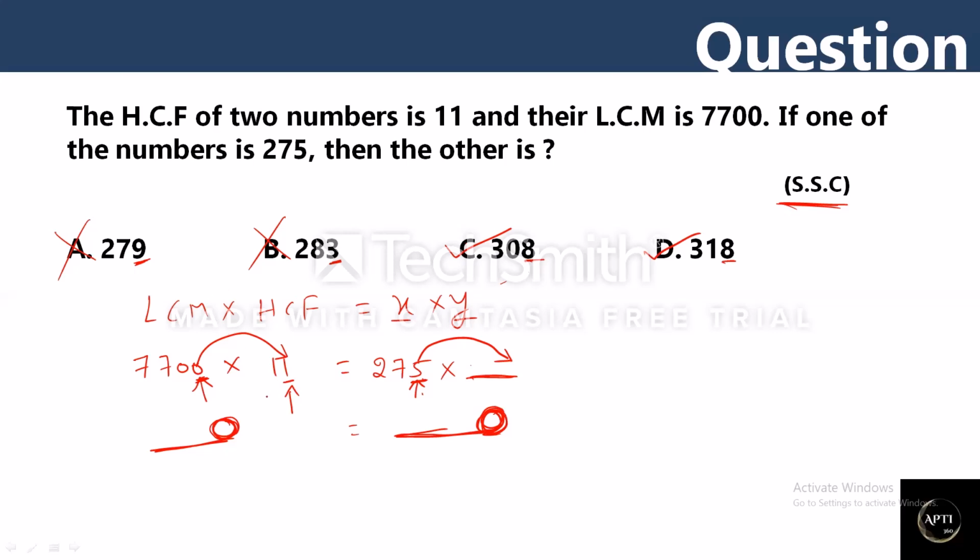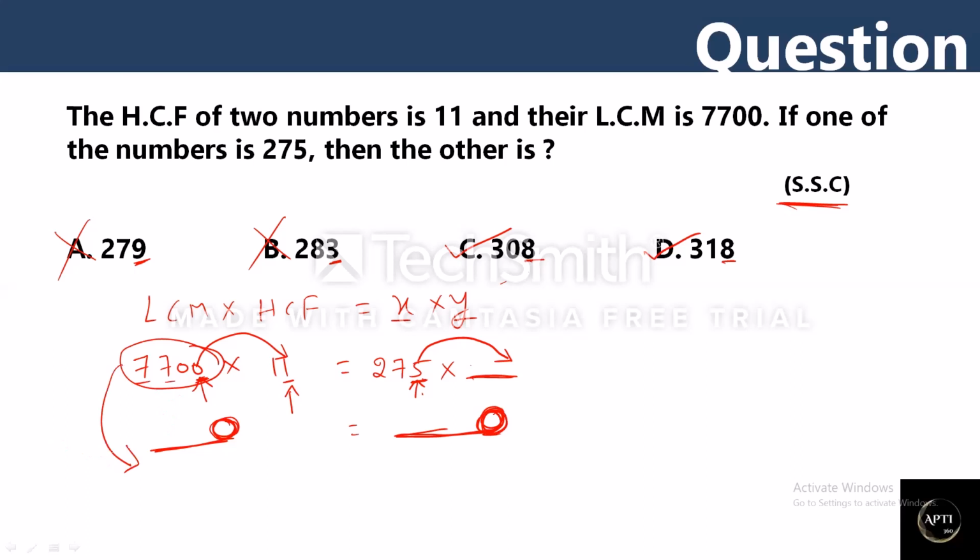In these cases, what you need to do is go with the digital sum. What is meant by digital sum? Digital sum means we need to get the final sum as a single digit. Suppose 7,700. What is the digital sum of 7,700?